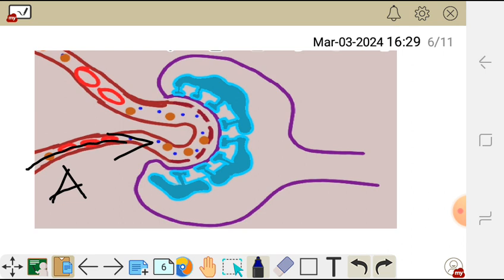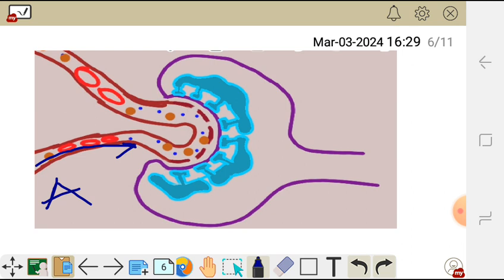Okay, so this is a normal glomerulus, where we have blood coming from the afferent arteriole to the glomerulus, and the endothelial cells lining the glomerulus are specialized.